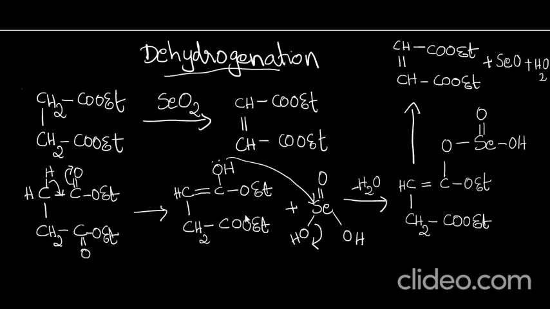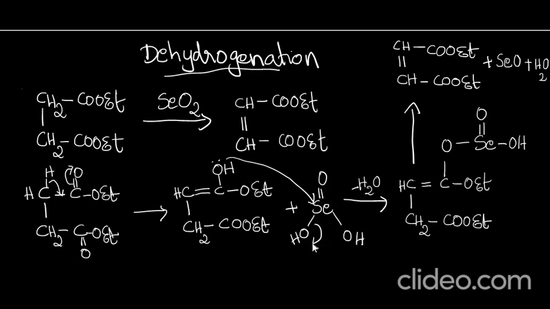The enol, in the presence of selenous acid, that is the structure of Se double bond O OH twice, selenous acid. A lone pair of electrons present on this OH group attacks the selenium and OH minus gets eliminated.